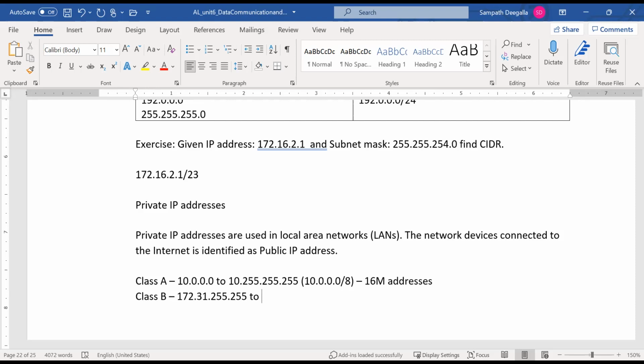The starting point should be 172.16.0.0, and this goes to 172.31.255.255.